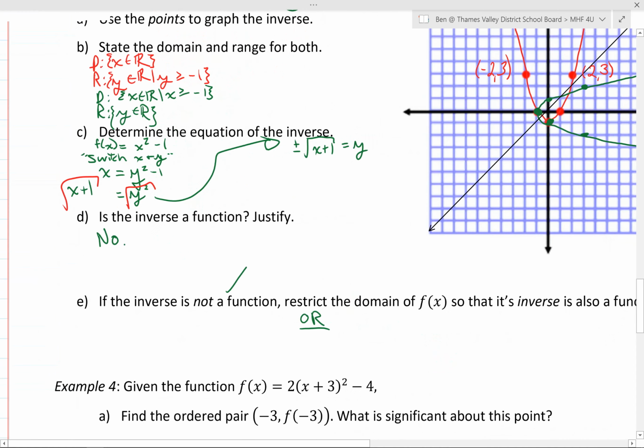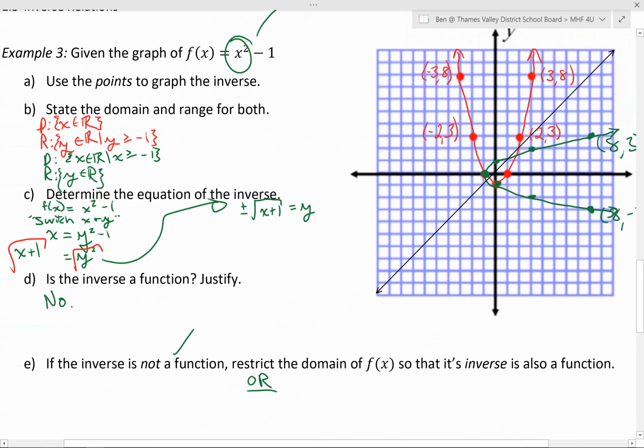If we're taking away one of the arms, and it tells us we're restricting the domain, that means our new f at x equals x squared minus 1, which I'm just getting from the top here, and now we restrict the domain and say x must be greater than or equal to 0. All right, so that's one possible solution.